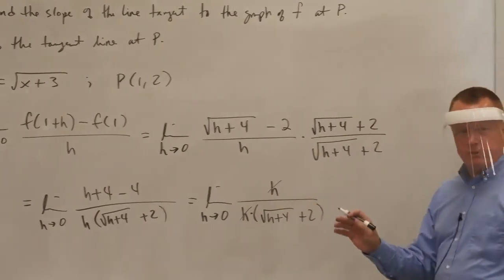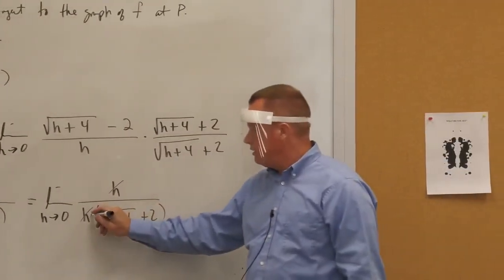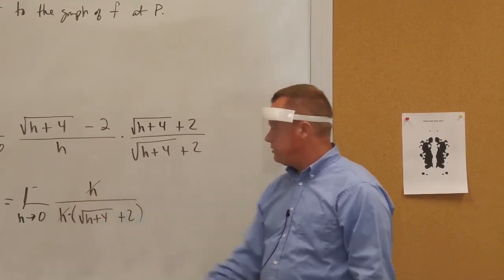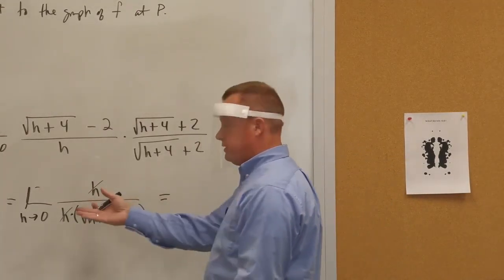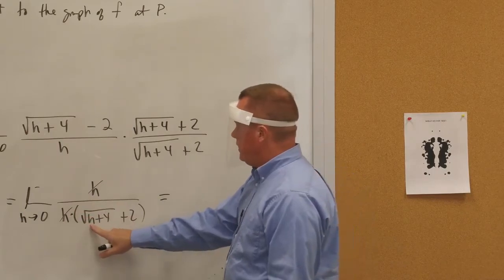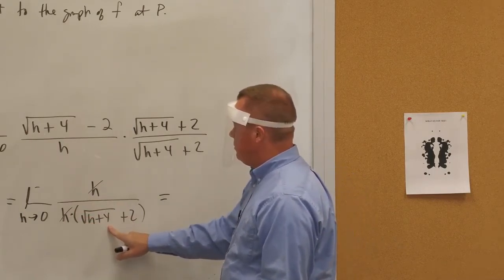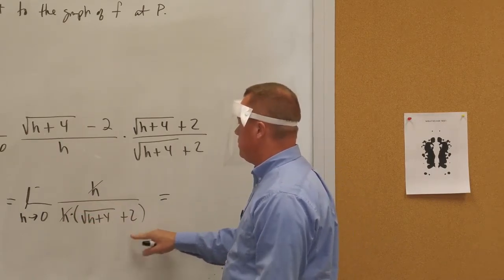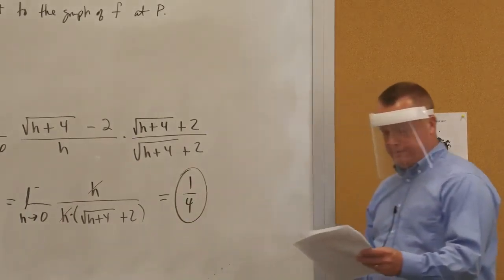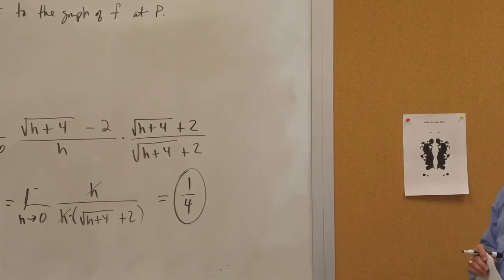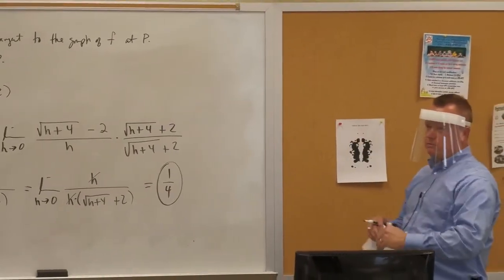Can't do it with addition or subtraction, but with multiplication between the two factors, you can cross those out. So I just have 1 over this, so now I can plug in h for 0. So I get 0 plus 4 is 4, square root 2 plus 2 is 4, get 1/4. There. So 1/4 is the slope of the tangent line at that point.